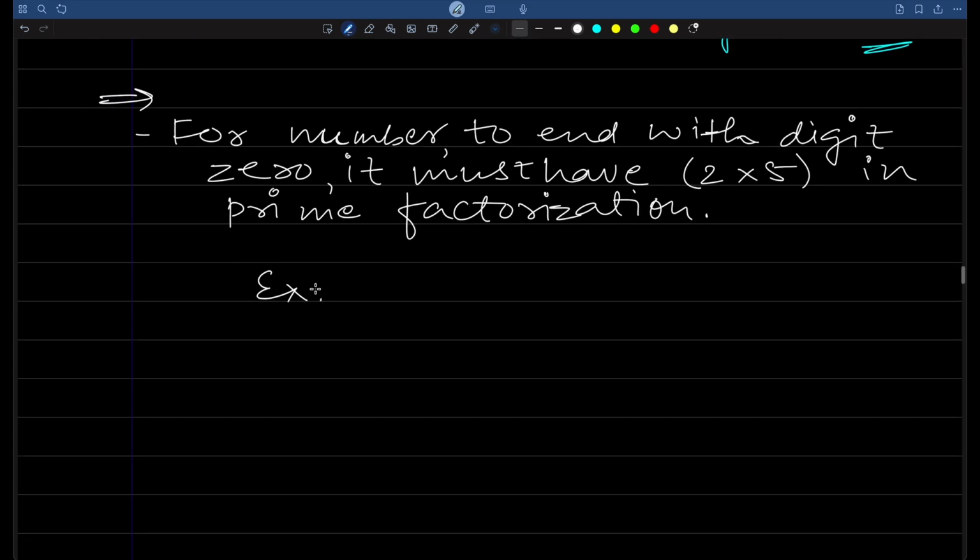Let's say, for example, 40. The prime factorization of 40 is 2 into 2 into 2 into 5, and we see there is 2 into 5 in the prime factorization.